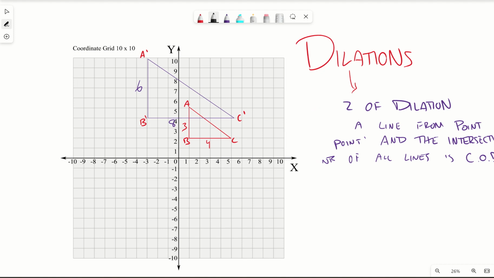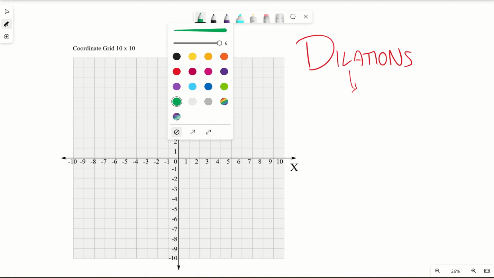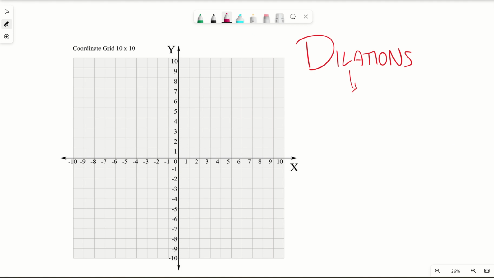Now, let's say that I had these two shapes here. Let's do new shapes on my line. Let's say we'll go with a rectangle like this.